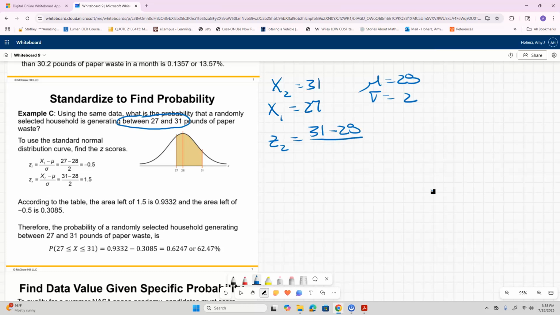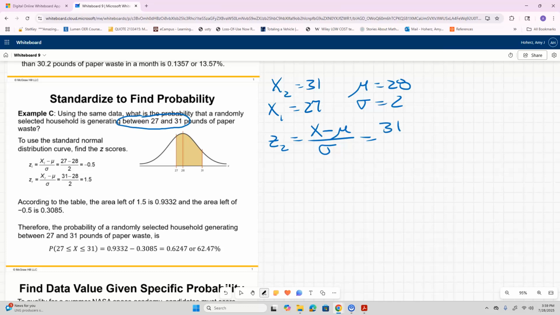So we have 31 minus 28 over 2. Let's put the formula down before we write it in. We had mu of 28, sigma of 2, and our formula is x minus mu over sigma in order to standardize it.